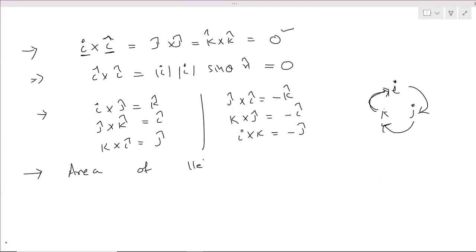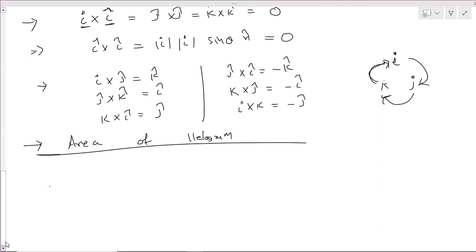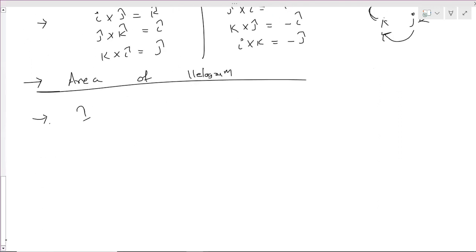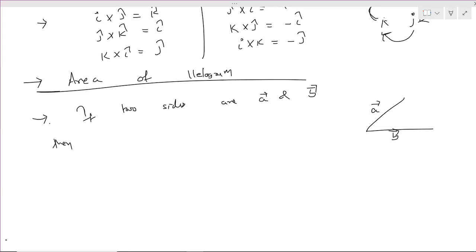Area of parallelogram if two sides are a vector and b vector. Then area equals half a cross b.